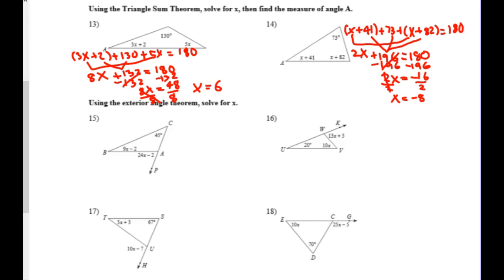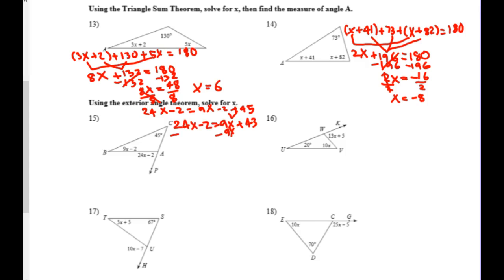Outside, 24x minus 2 equals 9x minus 2 plus 45. So again, right here, I'm adding up the two remote interior angles. Same process. Combine like terms and then solve for x. The negative 2 plus 45 is 43.